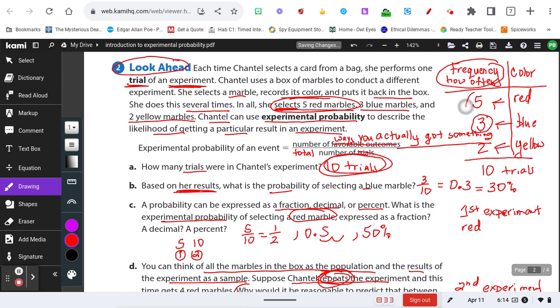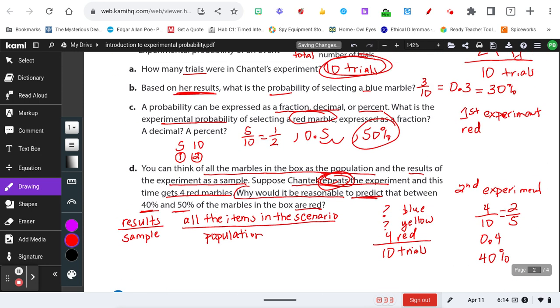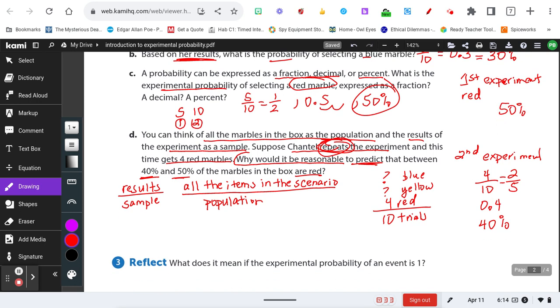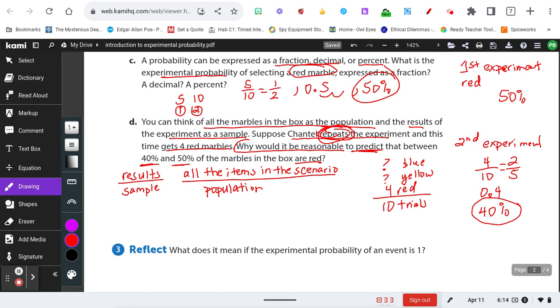So her red was 5 out of 10, or 50%. So in the first experiment, it was 50%. And in the second experiment, getting a red was 40%. So because in the first experiment it was 50, and in the second experiment it was 40, I would expect that about between 40 to 50% of the marbles in the box are red.